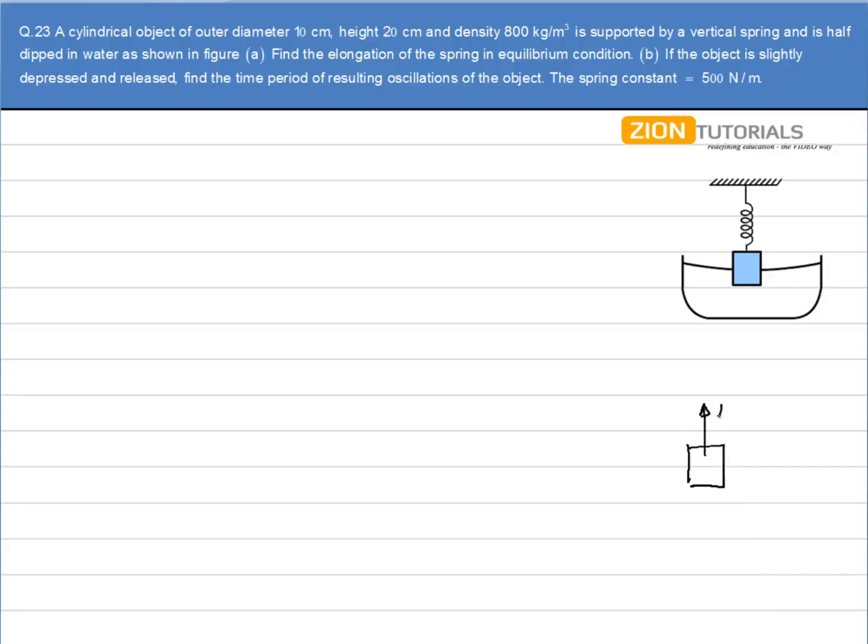Kx upward, Mg downward, and another V rho g upward. So at equilibrium, I can write Mg is equal to Kx plus V rho g. Now M is the mass.